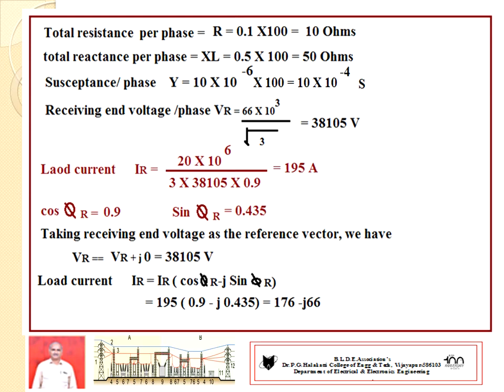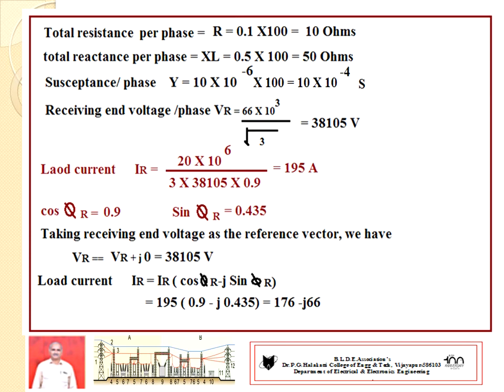By using 3-phase power relation, power equal to 3 times of V I cos phi. Only be careful, power should be in watts and voltage should be phase voltage. You supply this one, by applying this formula, load current becomes 195 ampere. Load power factor is given, cos phi r 0.9, then you calculate sin phi r.